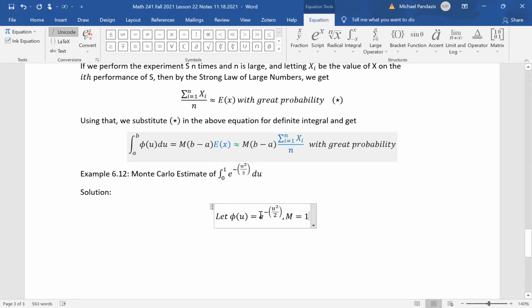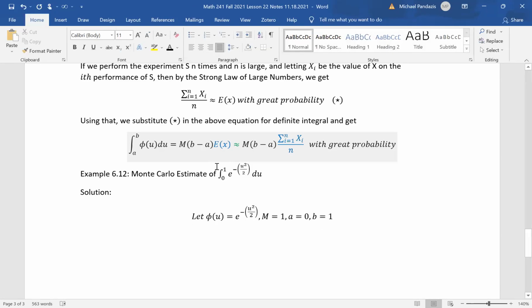We're choosing capital M equals 1 because this thing is upper bounded by 1. The value of this thing from 0 to 1, because the interval is from 0 to 1, right? So little a is going to equal 0, and little b is equal to 1. This corresponds with the limits of integration of that definite integral, 0 and 1, right? Little a is 0, little b is 1.